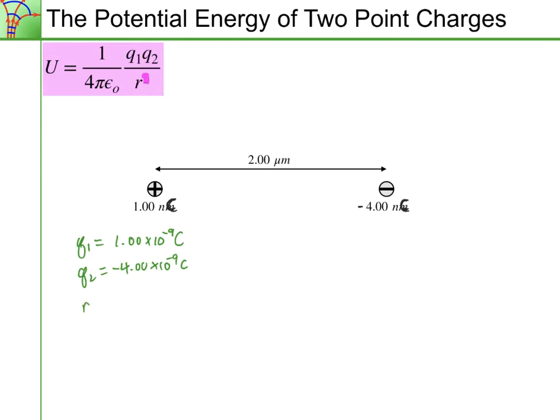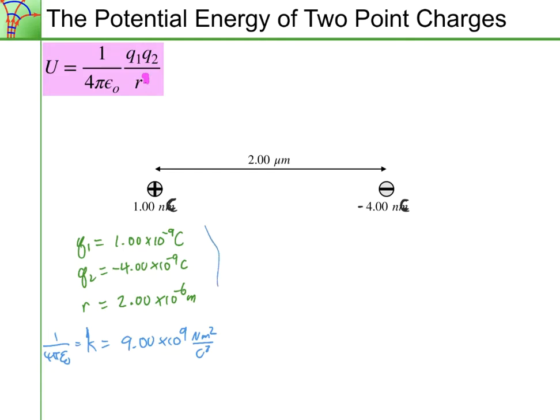The distance between them is 2 micrometers, and if you remember, a micrometer is 10 to the minus 6 meters. And for K, for today, I'll use K as approximately 9.00 times 10 to the 9 newton meters squared per coulomb squared, which is also 1 over 4 pi epsilon naught.